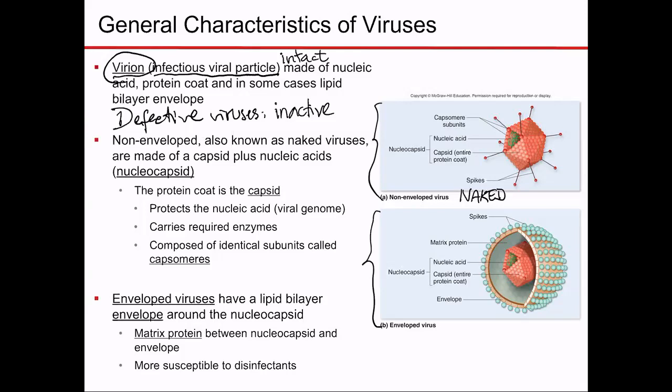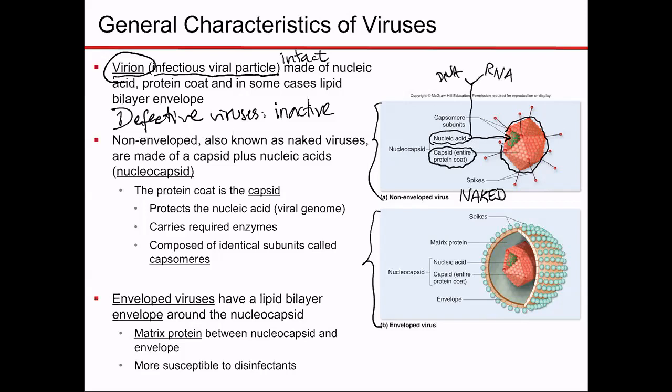When we look at a naked virus, it is a virus that is made of a genome, that is a nucleic acid right there in green color, that is being coated by this structure in red right here, that is called the capsid. And remember, in the case of viruses, the genome that is made of nucleic acid could be of different types. It could be sometimes DNA, or it could be sometimes RNA.